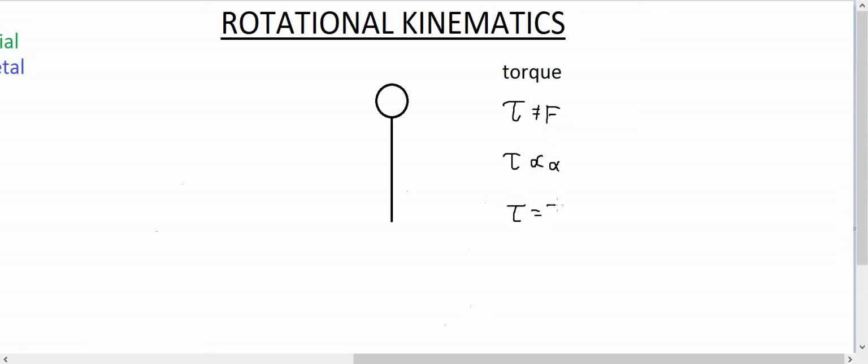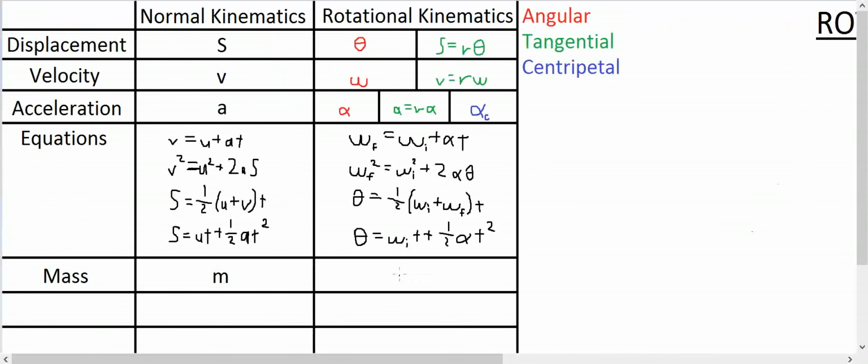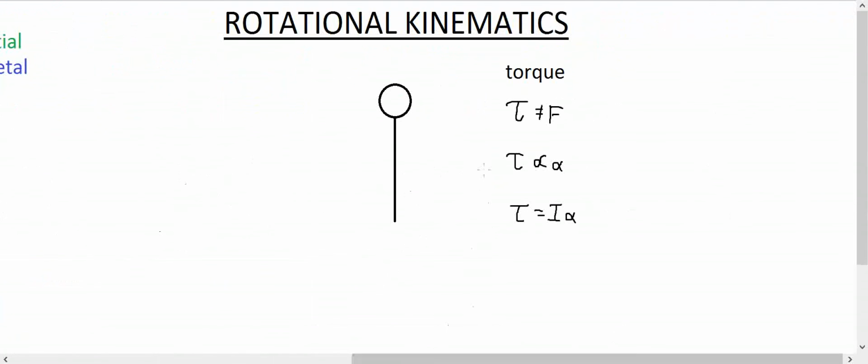So here, it's supposed to fulfill the equation tau equals I alpha. I is something called moment of inertia. Its relation to m is similar to force's relation to mass.